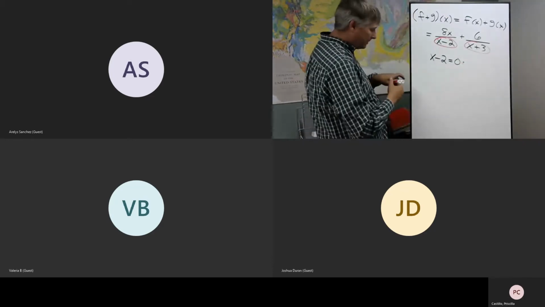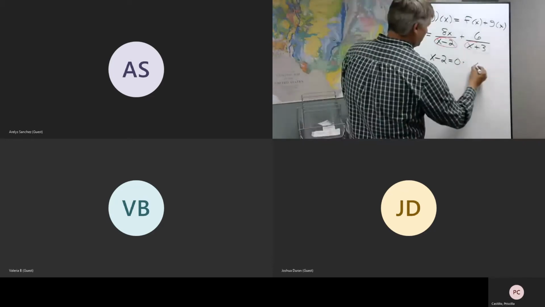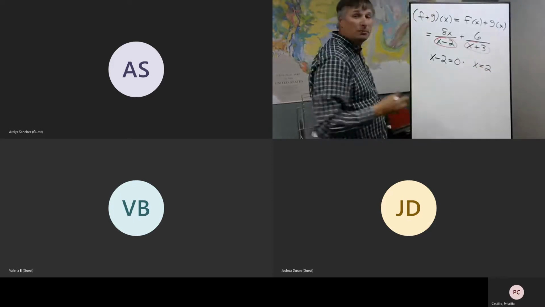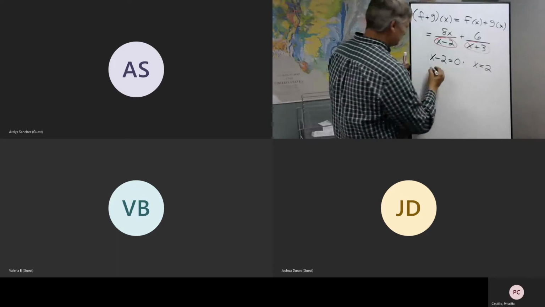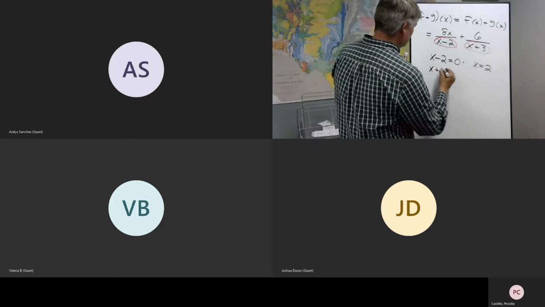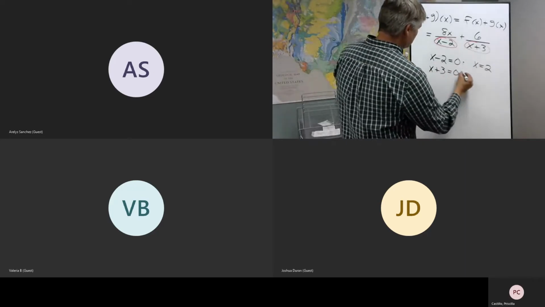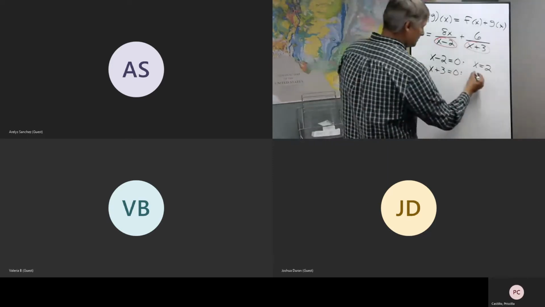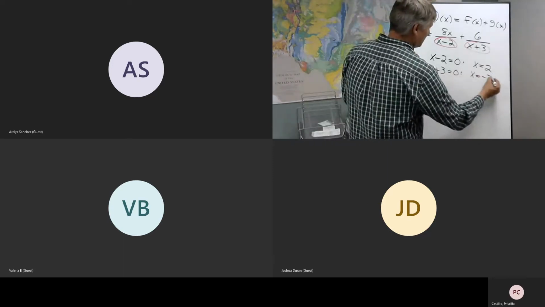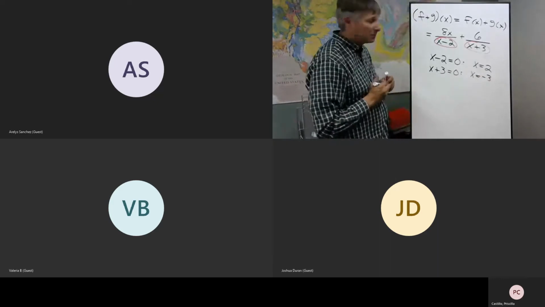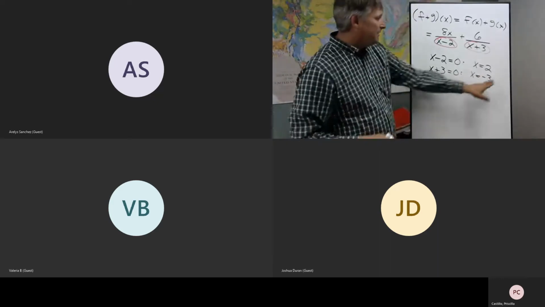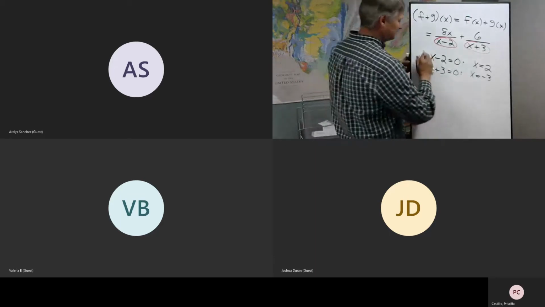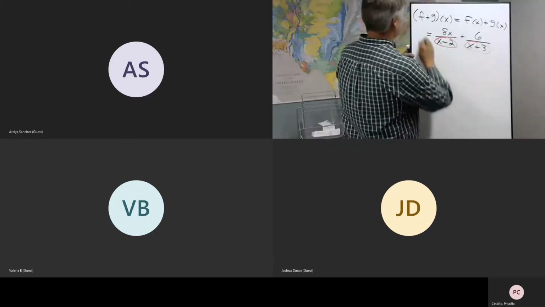Well, if we add 2 to both sides, we get x is equal to 2, because 2 minus 2 would be 0. Subtract 3 from both sides, you get x is equal to minus 3. So these are the two numbers we want to avoid for x.